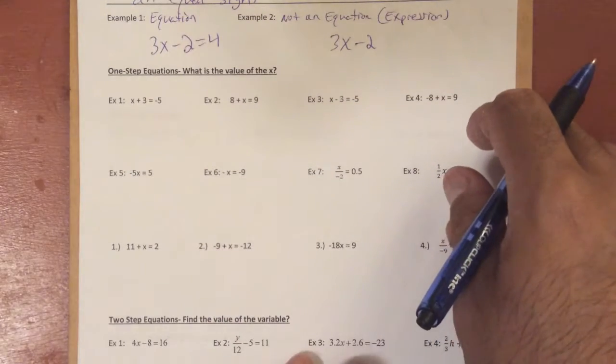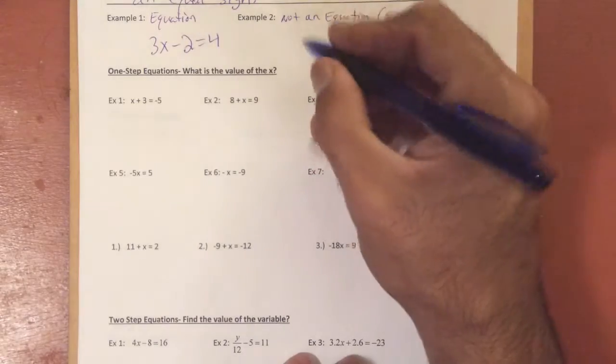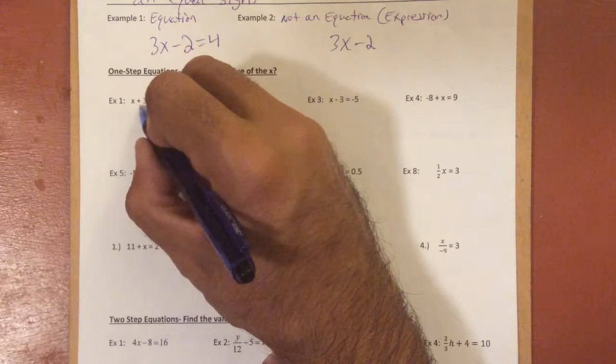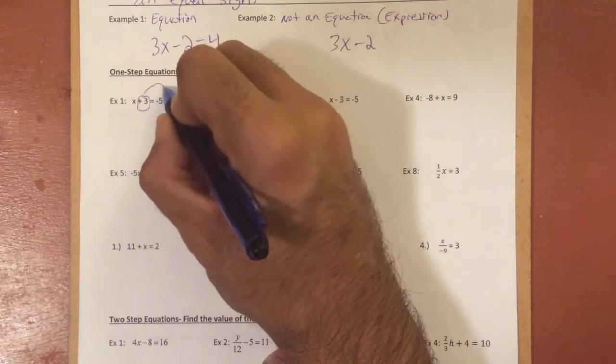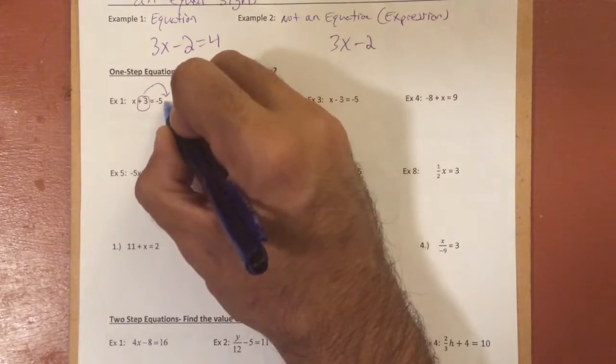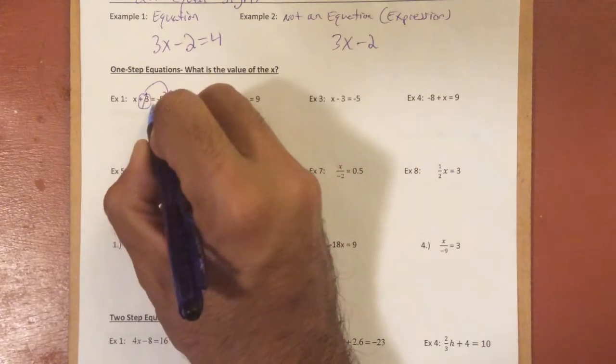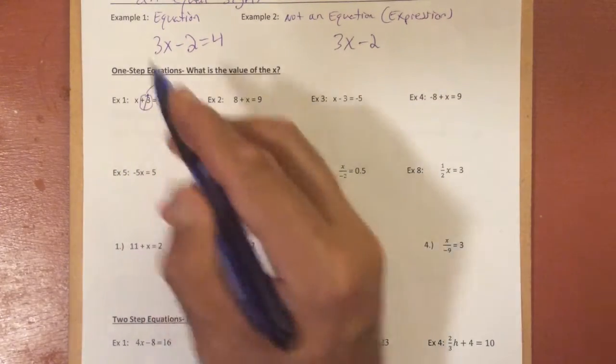Remember, one-step equations, all you have to do is move the constant. So here we're doing plus 3, so I need to move it to the other side, and it becomes a minus 3. Because the opposite of a plus 3 is a minus 3.